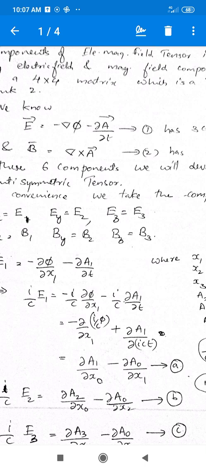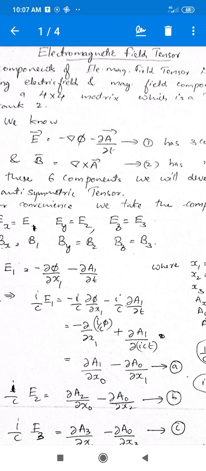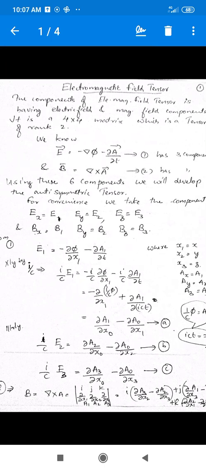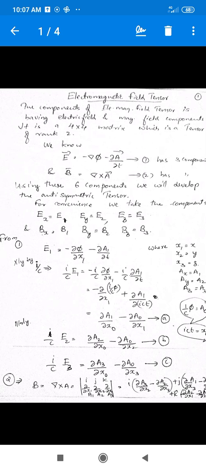So i by c phi, we call it the first component of the vector A, which is here A0. So A0 is the temporal part, the time component of A. The vector potential A has three space components, which are Ax, Ay and Az, and the time component we call A0.